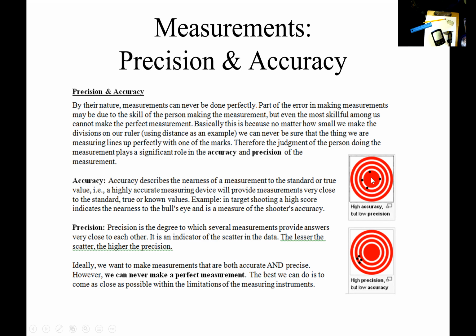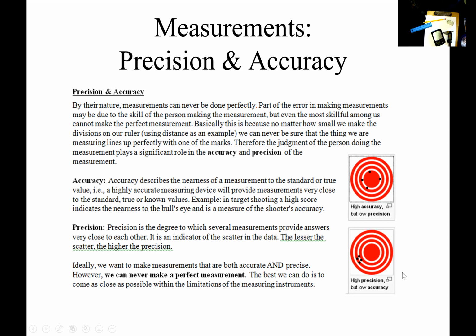You can see, if you were shooting bullets at a target like this, on average, the average of these 4 points is in the middle. So it has accuracy because we're considering the correct value or the value we want to be the center of the bullseye. But they're not very precise because the distance between the points is far away.